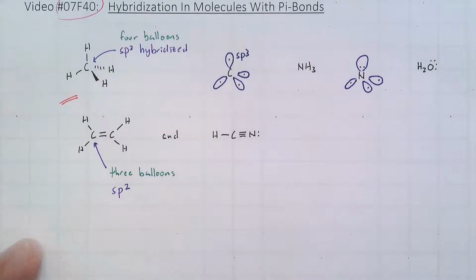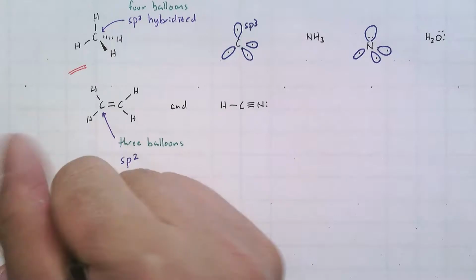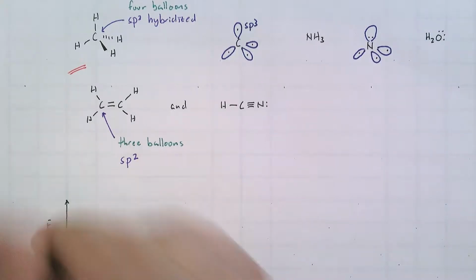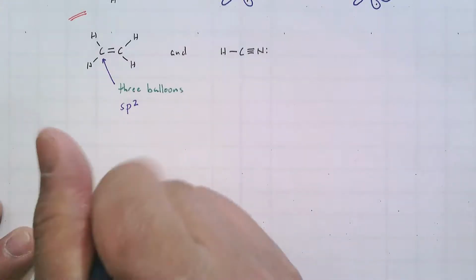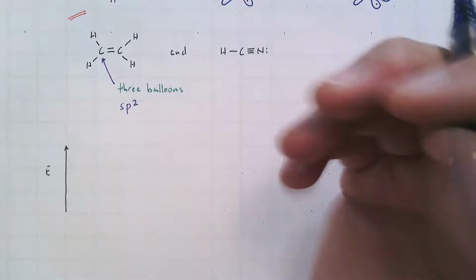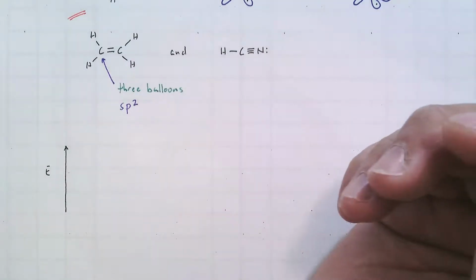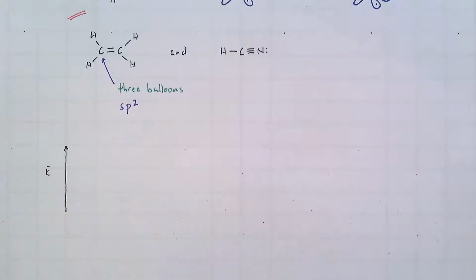Okay. Let me show you now that diagram. It has energy on the y-axis. At the very end of the last video, I started to use boxes to indicate the orbitals. Why don't we practice that?